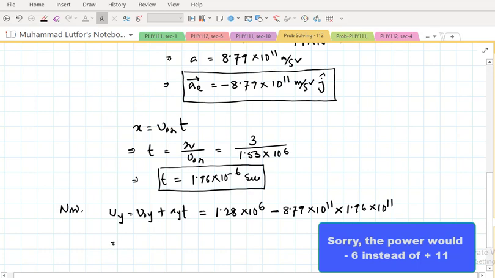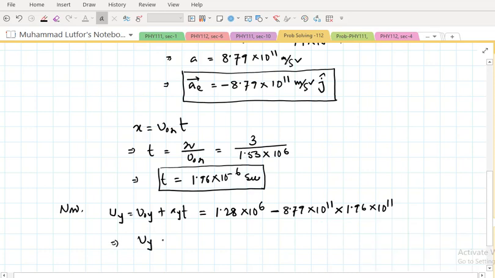If you solve this, you will find that the vertical component of the electron's velocity will be minus 4.4 into 10 to the power 5 meter per second.